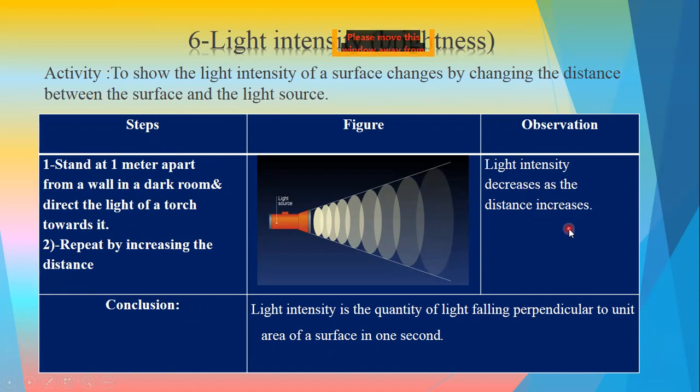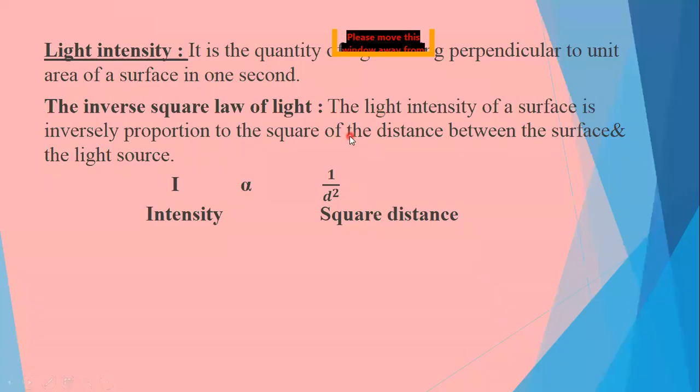Light intensity بتقل طبعا. Conclusion, light intensity is the quantity of light falling perpendicular to a unit area of the surface in 1 second. هي light intensity شدة الضوء. هي كمية الضوء falling perpendicular to a unit area على الحيطة in 1 second. دي اسمها light intensity. طيب the inverse square law of light. نفس الحكاية مع الساوند على فكرة.